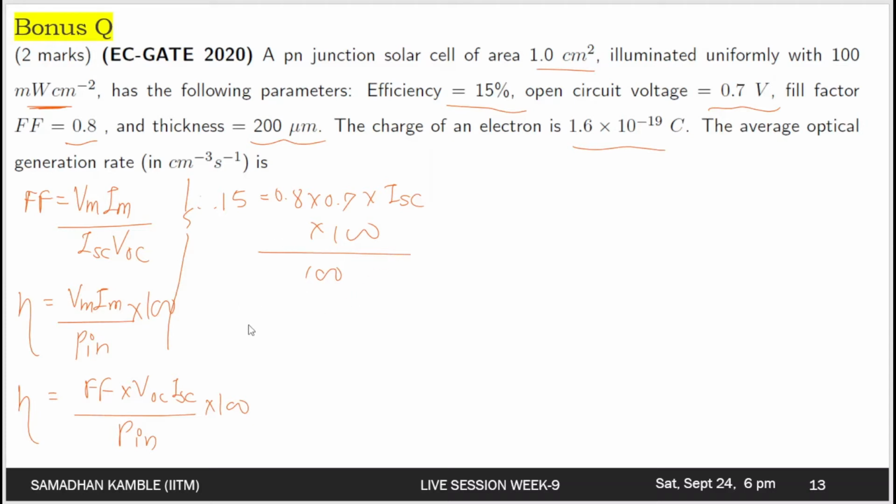So we get the ISC value, and if you calculate it, you will get ISC from this relation.